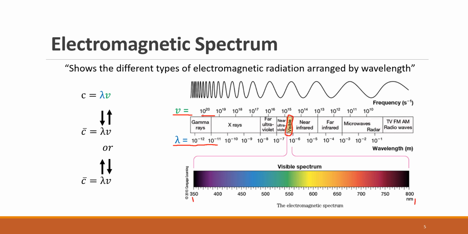Now notice the units on this visible spectrum that is highlighted here. It's nanometers, not meters. So it's going from purple at the low end of the wavelength all the way up to red at the higher end of the wavelength. We'll be exploring the visible spectrum quite a bit, especially in lab.